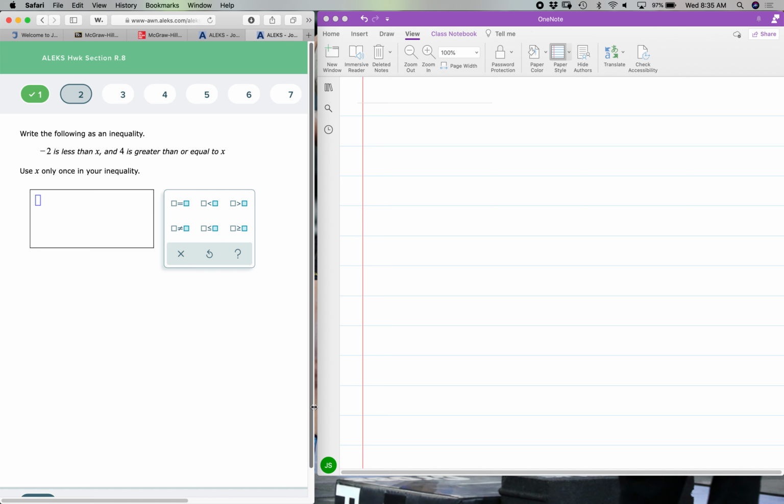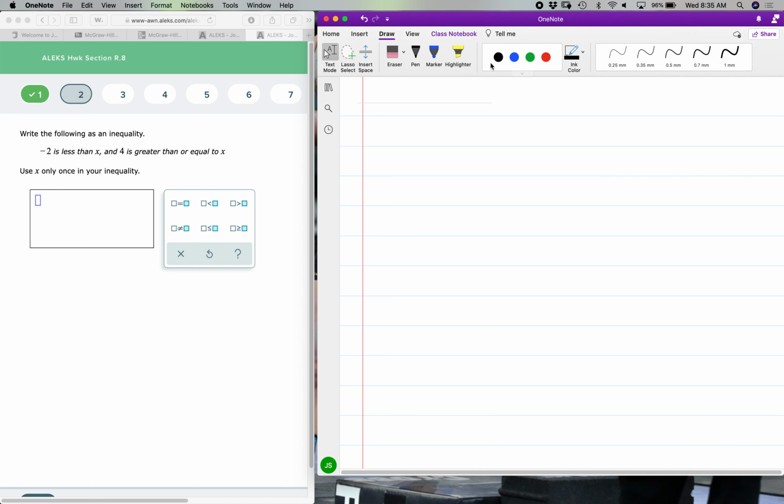Now, for the next statement, we have that -2 is less than x, and 4 is greater than or equal to x. In terms of writing as an inequality, we have -2 is less than x, and we have that 4 is greater than or equal to x.